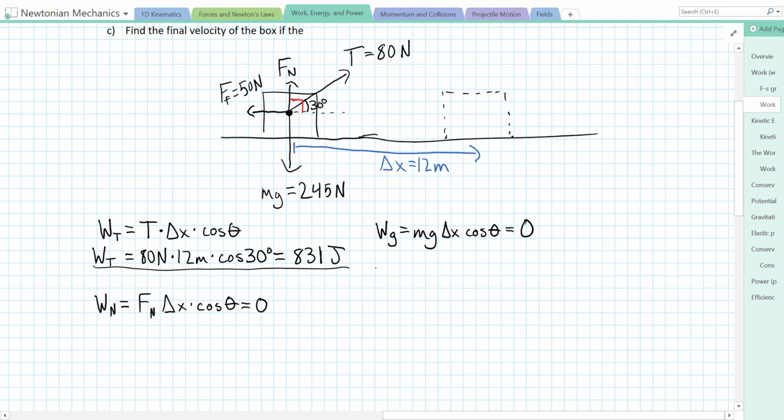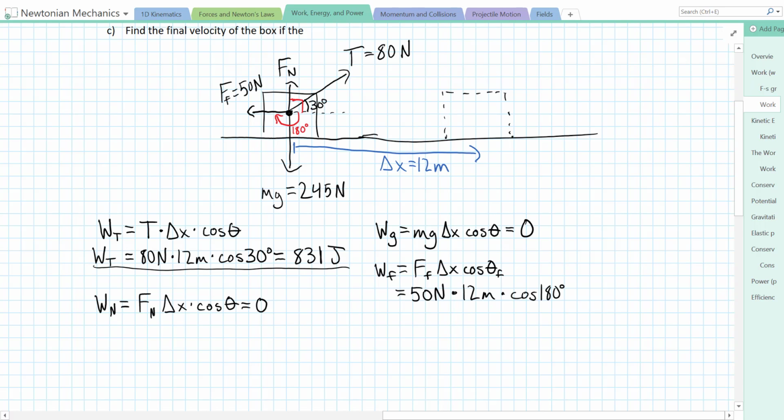And then our last work is the work done by friction. Well, we know it's going to be negative work because it's opposite the direction of motion, but let's just plug in the numbers anyway. Our angle is actually going to be 180 degrees, so the work done is going to be force of friction, delta x, cosine of theta for friction, which is equal to 50 newtons times 12 meters times cosine of 180 degrees.